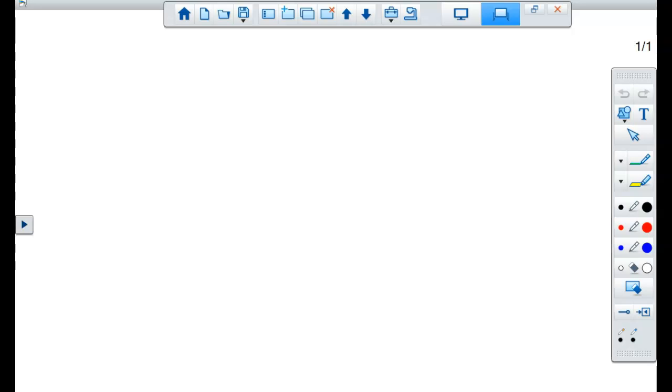All right. Yesterday you reviewed evaluating algebraic expressions and solving multi-step equations. For SOL review today, we are going to review solving multi-step inequalities.